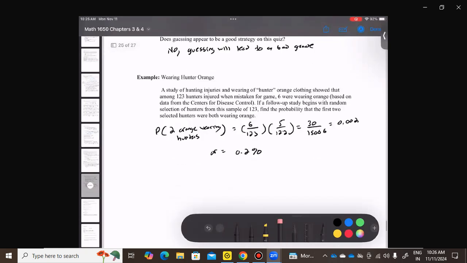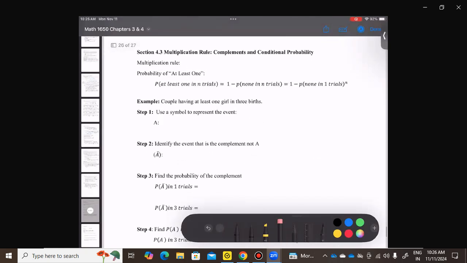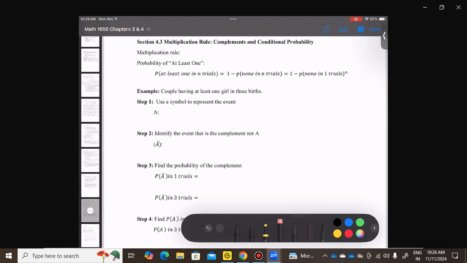So let's just do an example here. A couple having at least one girl in 3 births. We're going to use event A to be at least one girl in 3 births.